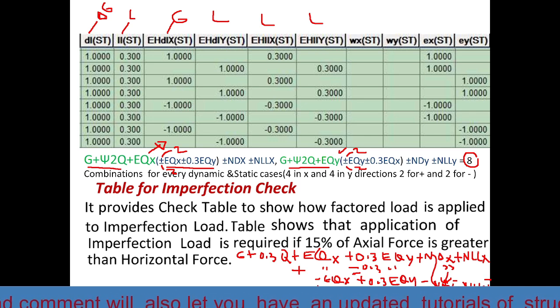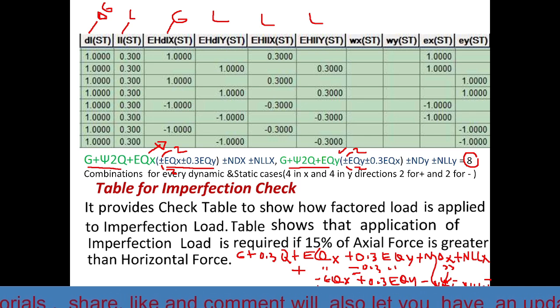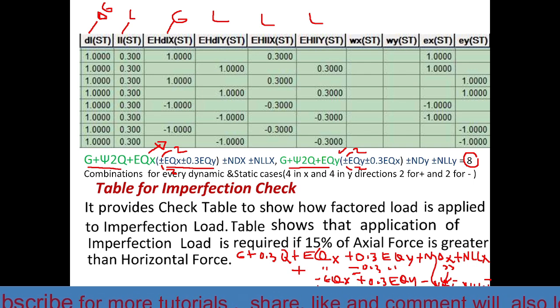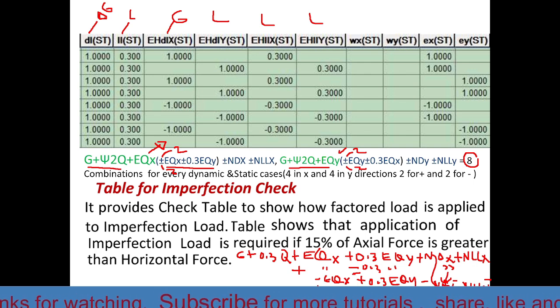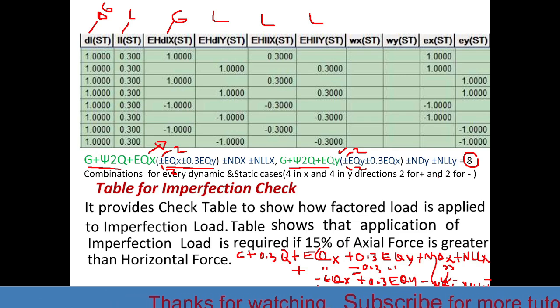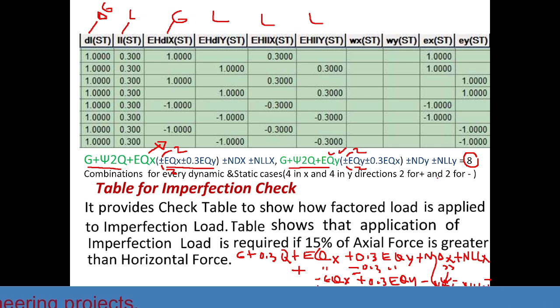And we can repeat this one again. So we'll have also 4 combinations. We can apply the same procedure for y direction. So generally we'll have 8 seismic load combinations of notional load.